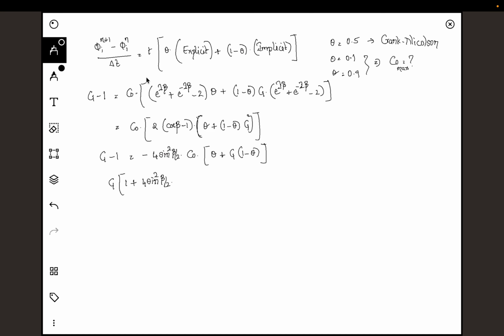4 sin square beta by 2 times Courant number times 1 minus theta.